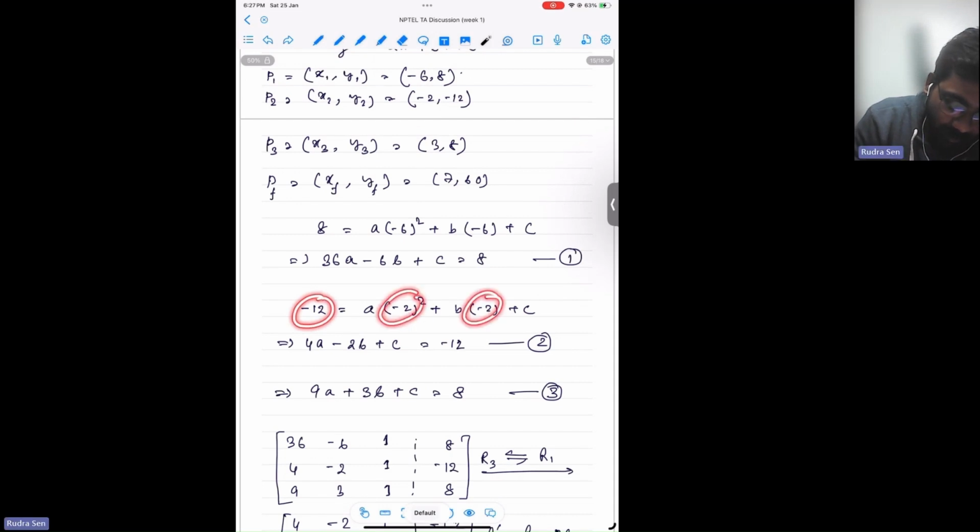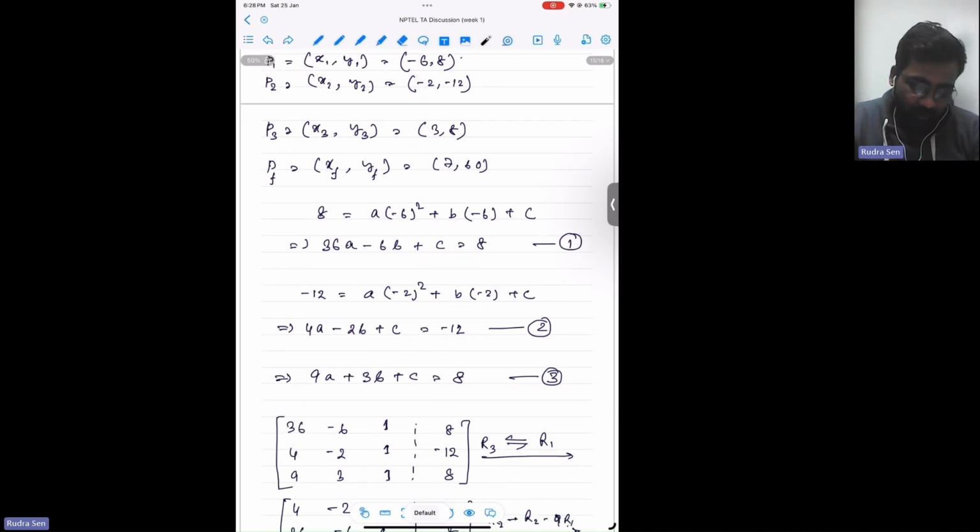And similarly, you put the values of x and y in that path equation, we get the third equation. Okay, so after getting these three equations, what is our approach? We get this Ax equals B format.